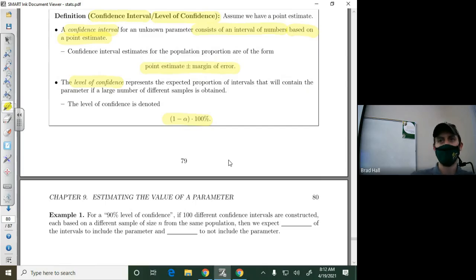So 100 different classes, and we could figure out 100 different confidence intervals. Not only a point estimate, but a confidence interval as well, based off of each sample. Then, as you would imagine, if it's 90% confidence, then we expect 90 classes to include the parameter and 10 to not include the parameter.